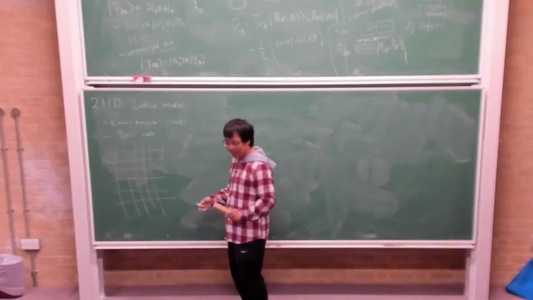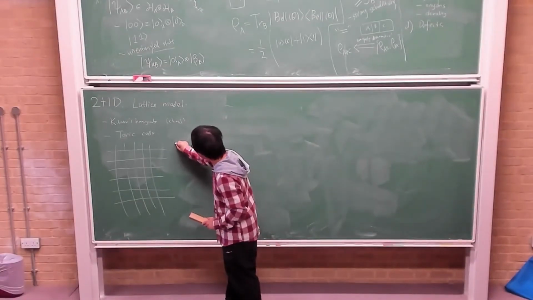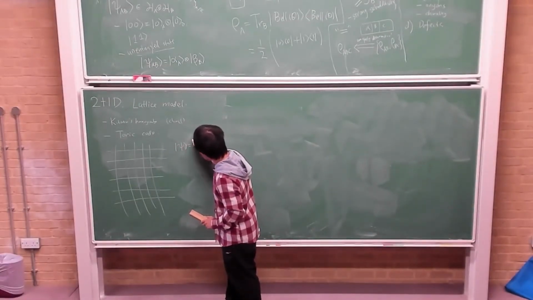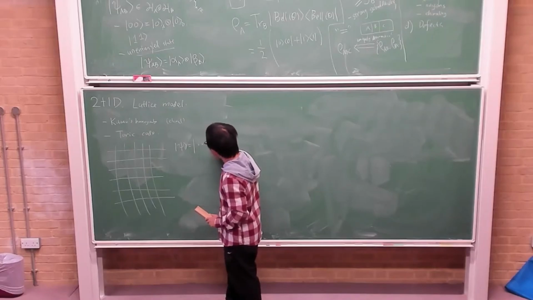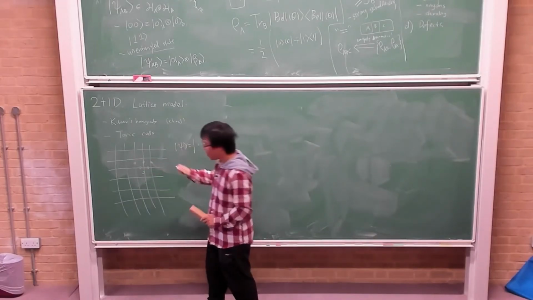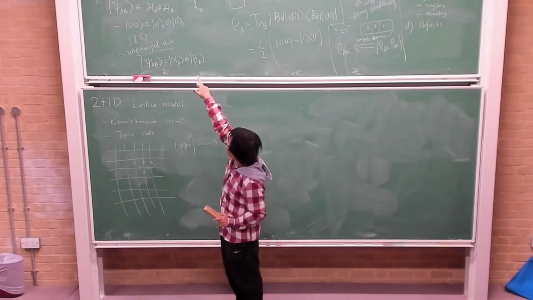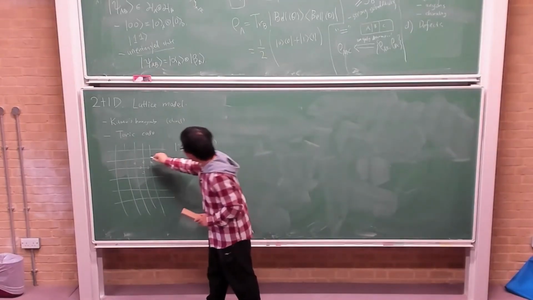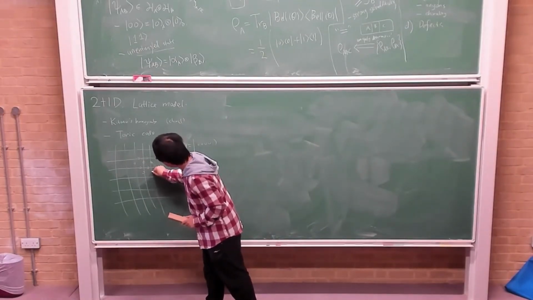So suppose we are on the square lattice. Square is not important. The Hilbert space is on the links, and you have a tensor product Hilbert space. That's why I introduced tensor product in the previous blackboard.